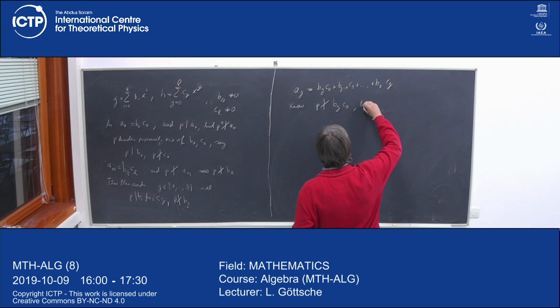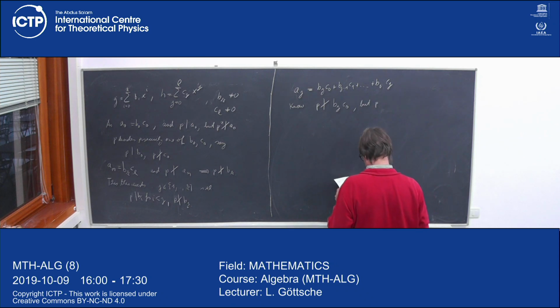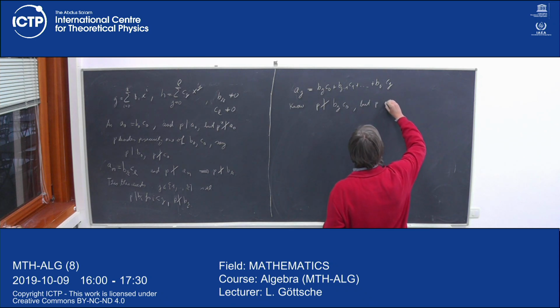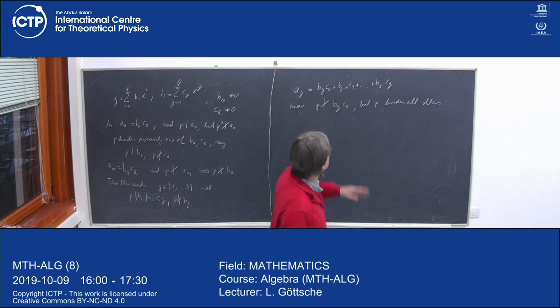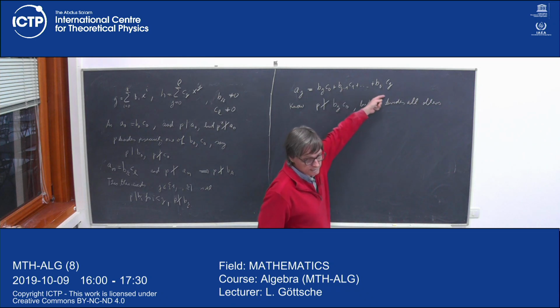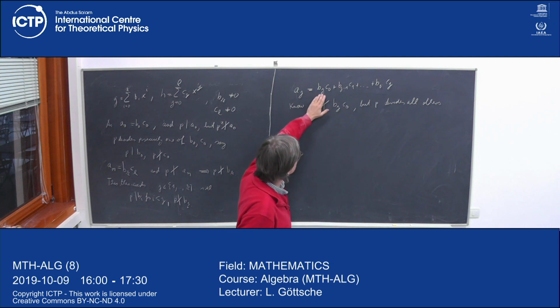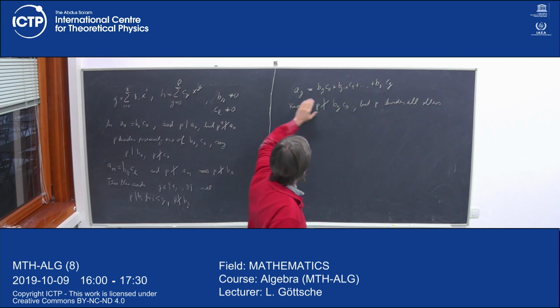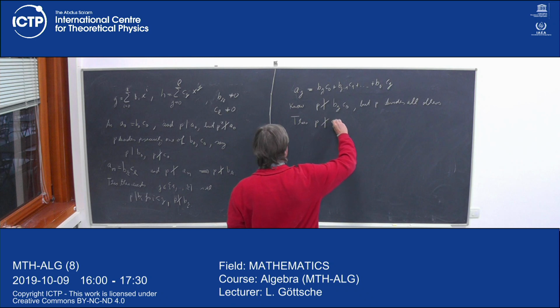But P divides all others, because here it divides Bj minus 1 and so on until B0. So if it doesn't divide this, and it divides all of these, it does not divide this. Thus, P does not divide Aj.